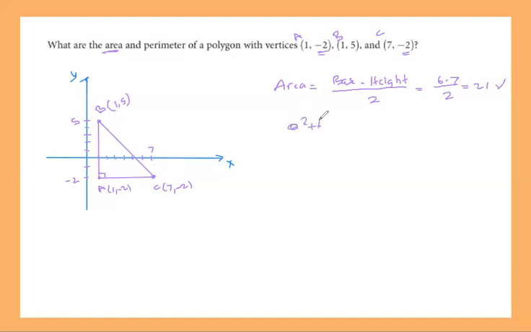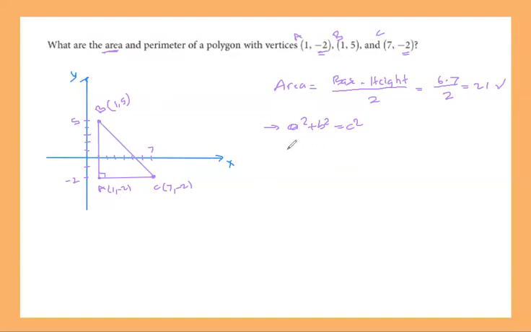So a squared plus b squared equals c squared. Since we already got the area, I'd like to find the perimeter of the polygon. I do know this is 7 units and this is 6 units, so I need to know BC, which we cannot count because it's not a horizontal or vertical line. So we need to use either the Pythagorean theorem or the distance formula.